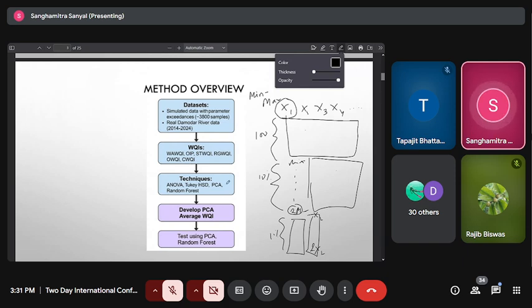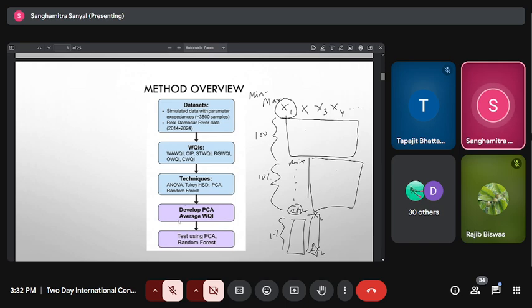Then they were analyzed using techniques like ANOVA, Tukey HSD, PCA, random forest, etc., to find out how each of these reported the same kind of water quality on the simulated data. Once this was done, what I actually found, and I'll show it to you later, is that they are not all reporting the same results.